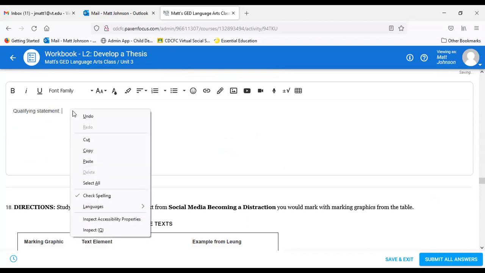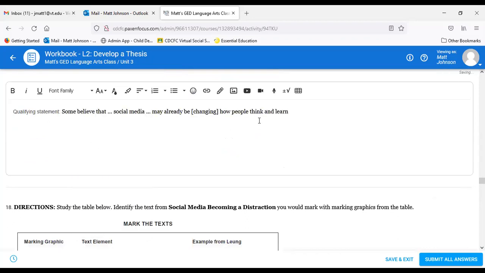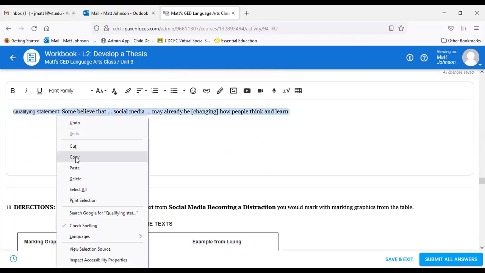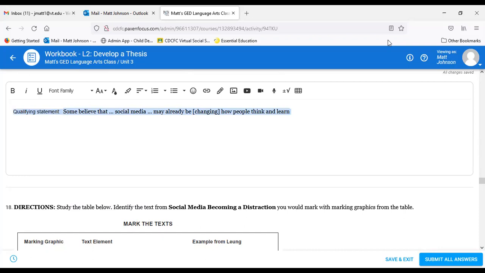Okay, and we'll paste that in there. And paste it here. All right, so there's a qualifying statement here. Pretty close to the end here, only a handful more.